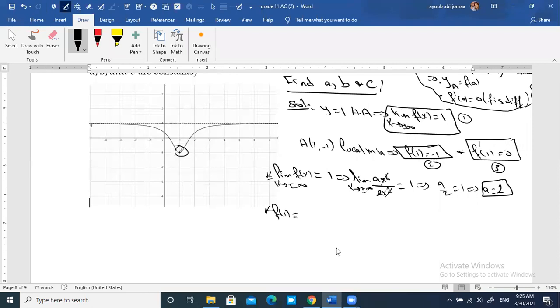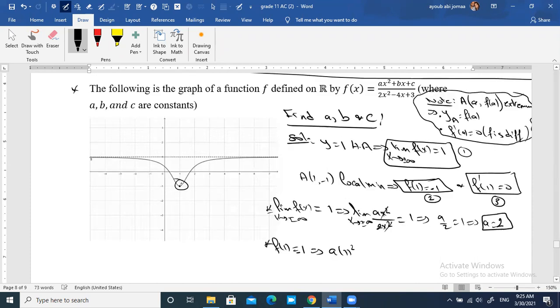f of 1 is equal to negative 1. This means that we replace x by 1. So a times 1 squared plus b times 1 plus c over 2 into 1 squared minus 4 times 1 plus 3 is equal to negative 1.